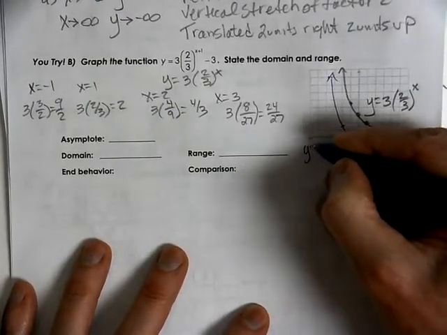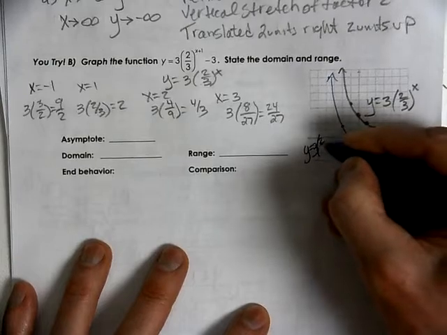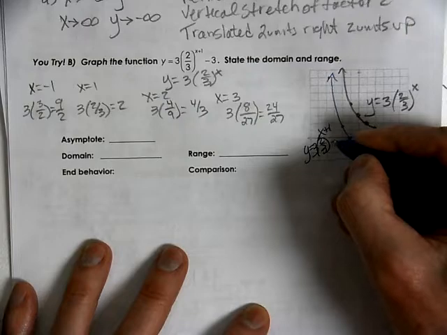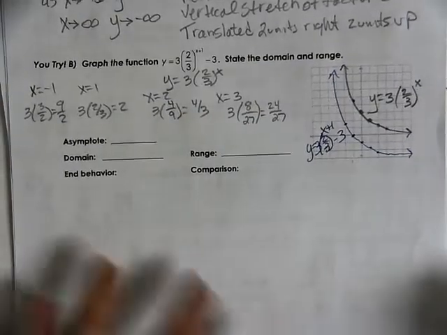So we have our equation y equals 3 times 2/3 to the x plus 1, minus 3.